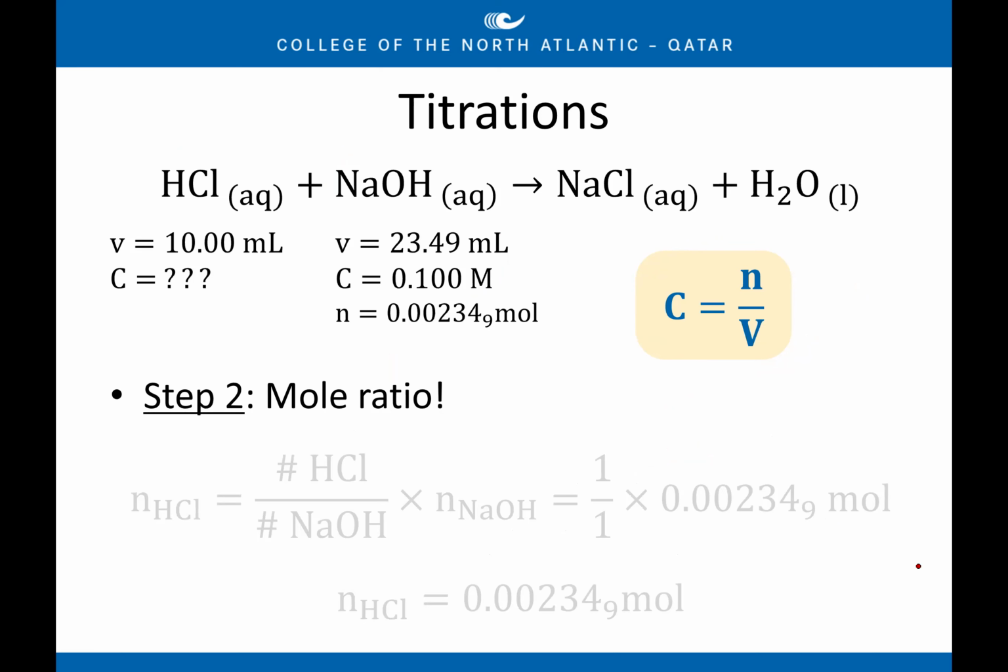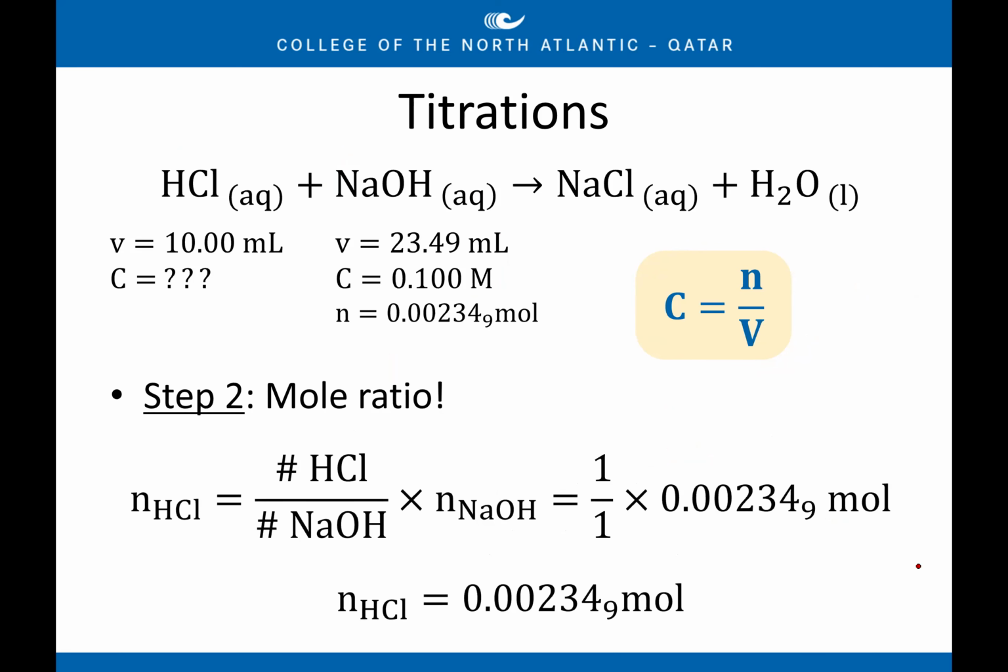Step 2. This is the step that I'm most worried about. This is review from chemistry 1120. So you've done this before. In step 2, you use your mole ratio. So now that I know the moles of NaOH in this reaction, I can also calculate the moles of HCl.